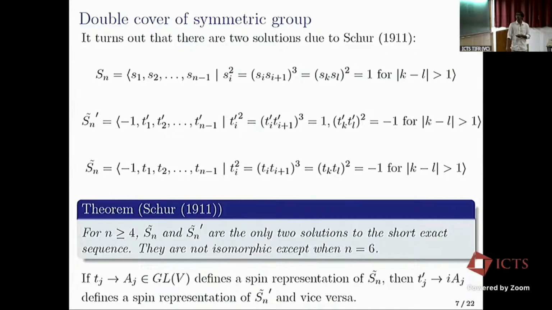So that will also tell you that we get a spin representation for Sn tilde prime. What I'm trying to say is that for every spin representation of Sn tilde, the same representation space also gives you a representation for Sn tilde prime.